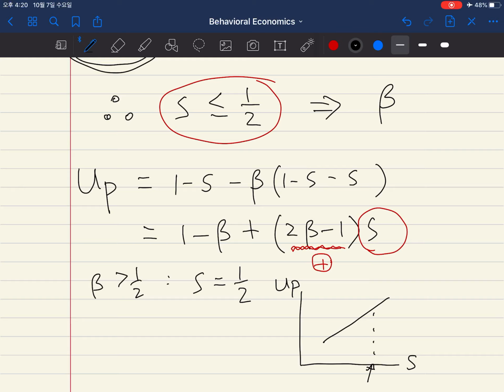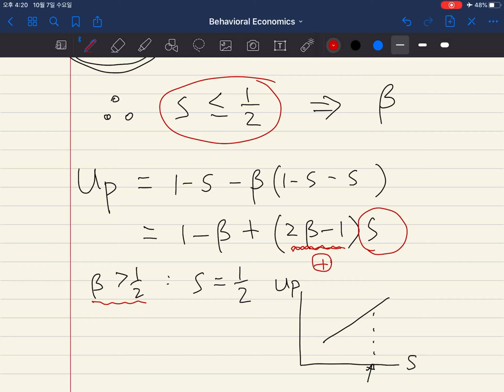So what does it mean? If beta is bigger than half, it means that proposer is the type of person who feels great compassion. So in this case, even a small degree of inequality, proposer is gonna feel a lot of compassion, and he's gonna lose a lot of utility because of this type of inequality, and he doesn't like it.